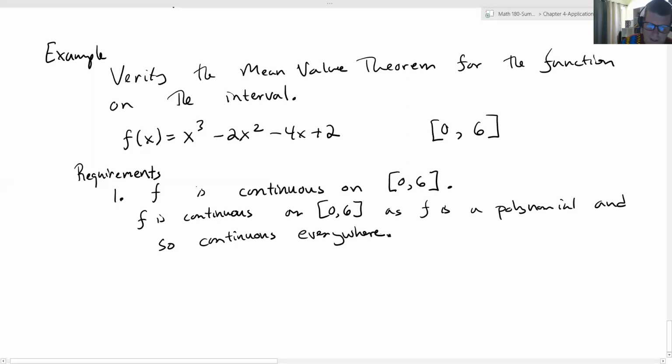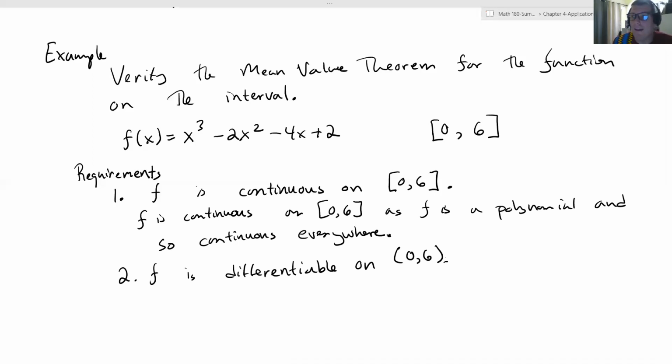Then two, we need f to be differentiable, so that means we can find a derivative. F is differentiable on the open interval 0 to 6. We didn't focus as much on this, but is f in fact differentiable on 0 to 6?